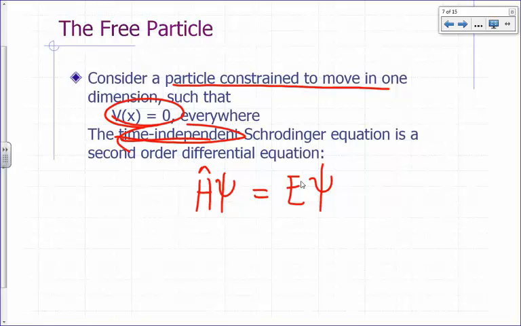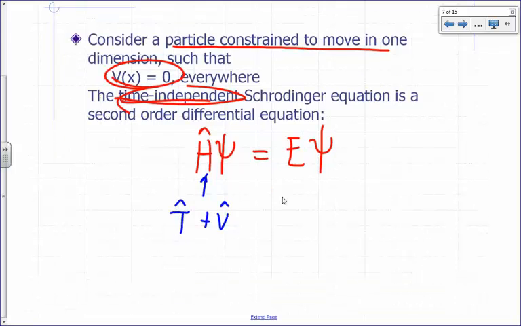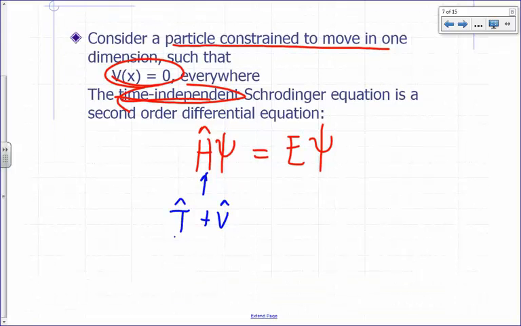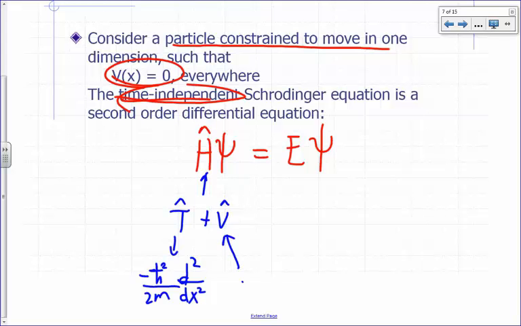What is the Hamiltonian operator? That's kinetic energy plus potential energy, right? Well, what's the kinetic energy operator? Negative h bar squared over 2 times the mass times the second derivative with respect to x, right? And the potential energy operator is 0.